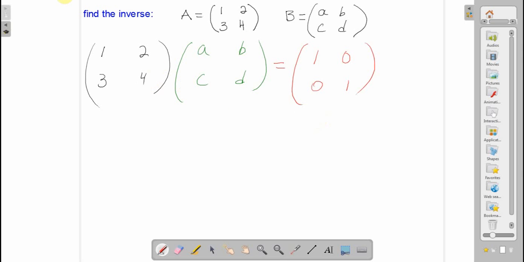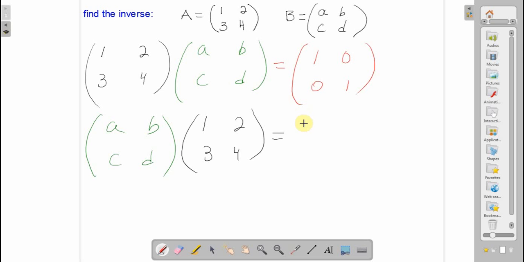Likewise, if we reverse the factors, A, B, C, D times 1, 2, 3, 4 should also give us the special matrix 1, 0, 0, 1. So if we find values for the variables A, B, C, and D that satisfy these two conditions, then we have found the inverse of A, and we can call B equal to A inverse.